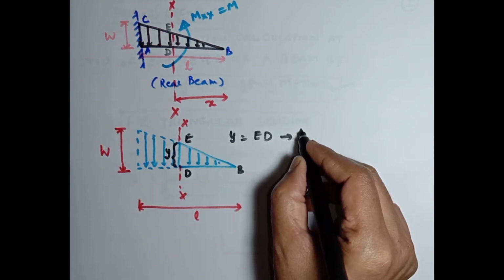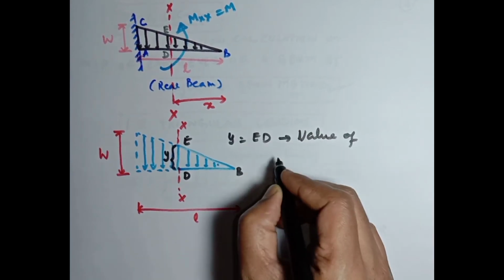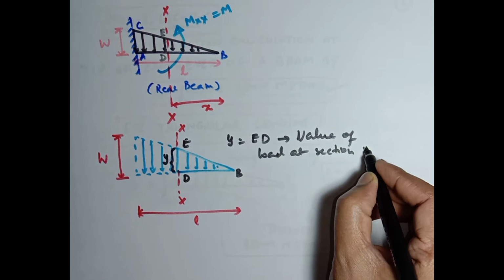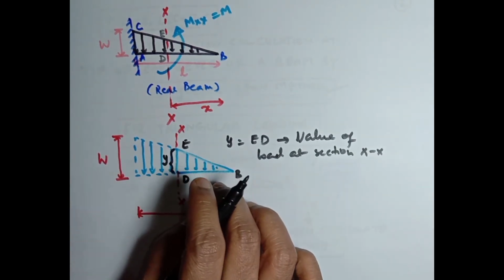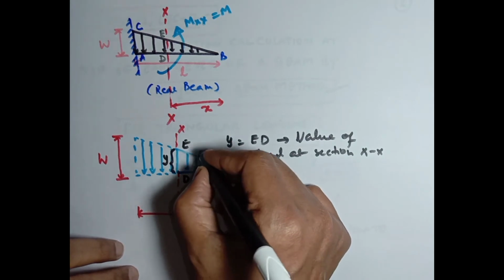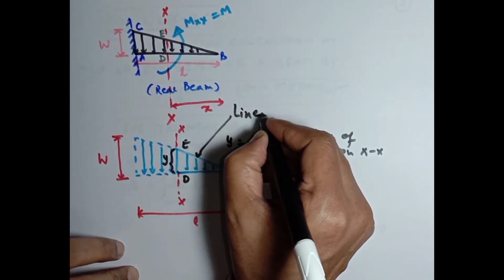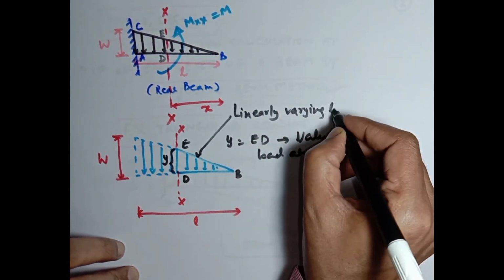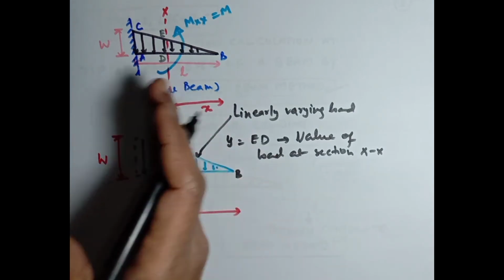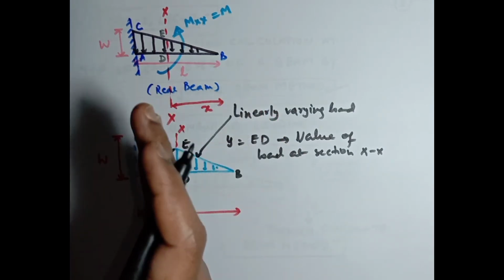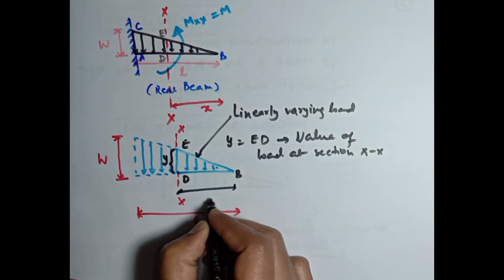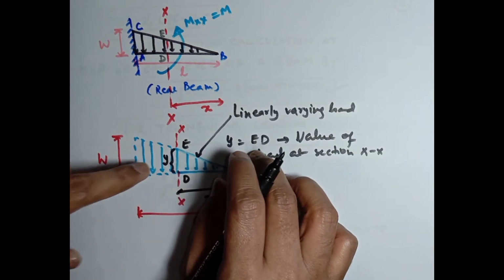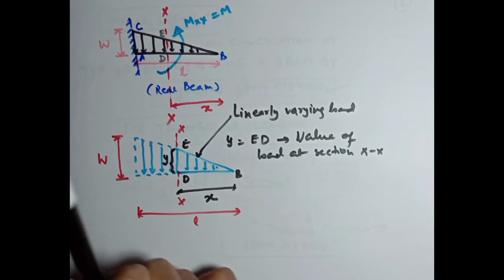As this is a linearly varying load, the load at every section from point B will be different. So at a distance of X, the loading will be calculated as y equal to ED. We are going to find this loading from the similar triangle method.